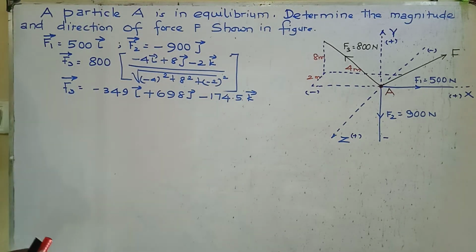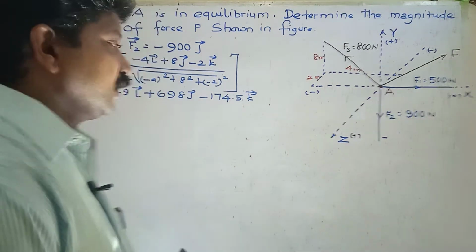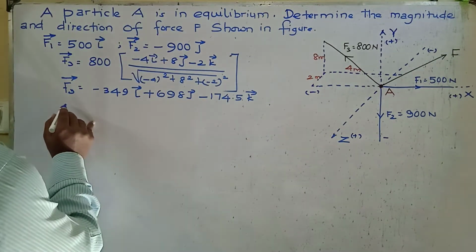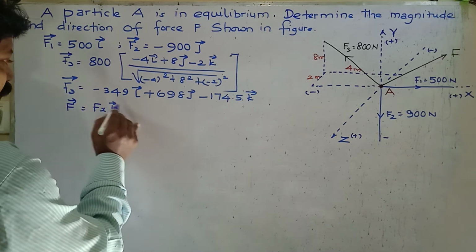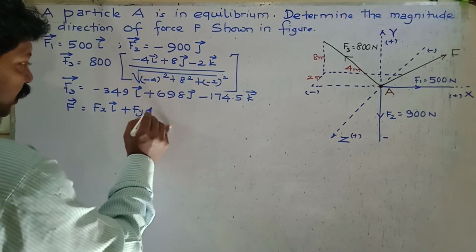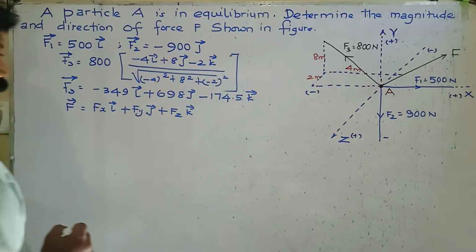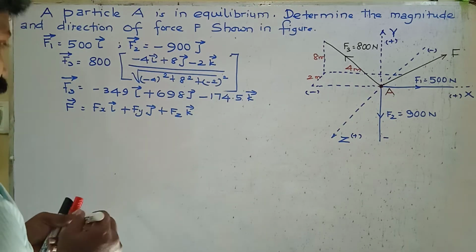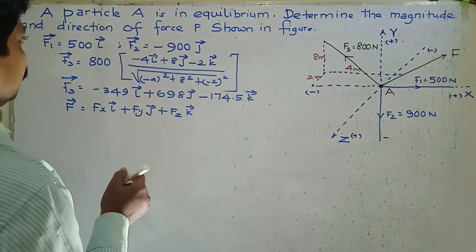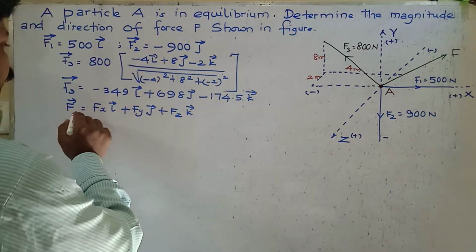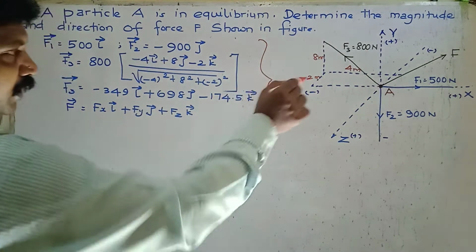And then the F vector. What is the general form of force F vector? F vector equals Fx i vector plus Fy j vector plus Fz k vector. So these are the four forces, F1, F2, F3 and F, acting on the particle A.